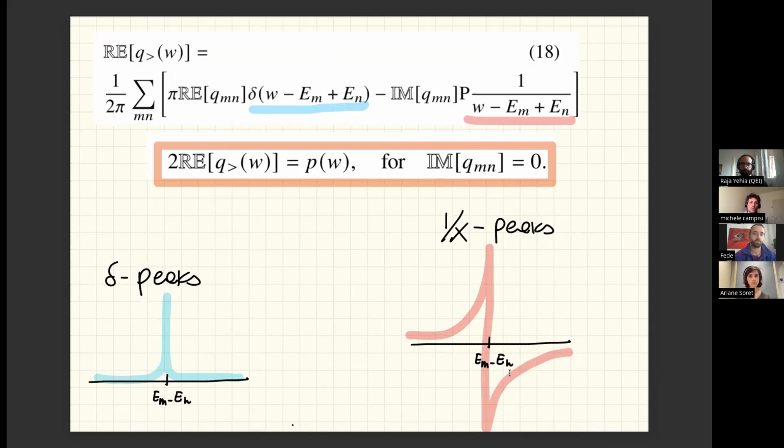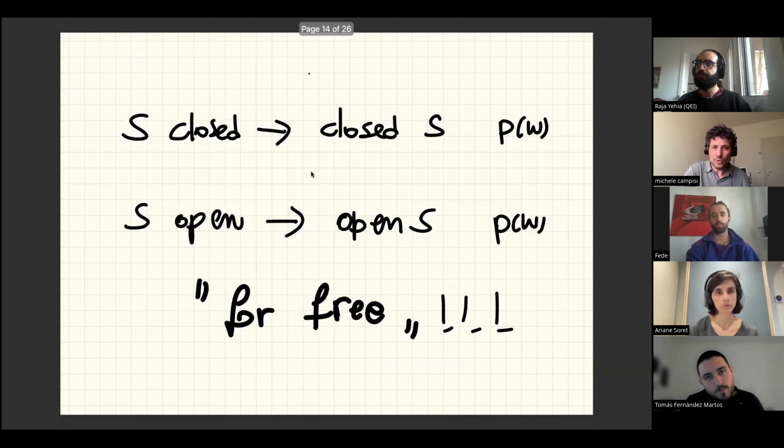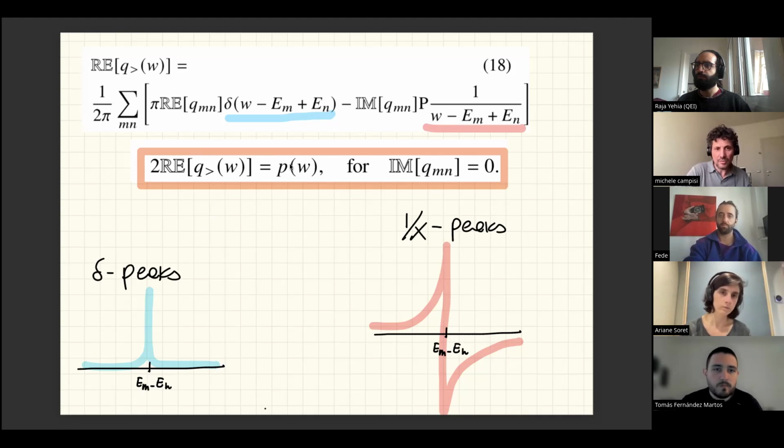So if you do an experiment, you get G of U from this method, you do this half anti-Fourier transform, and there are peaks like this, it means that there were some coherences in your initial preparation. It means that rho and H0 did not commute. If there are only delta peaks, then it means that there were no coherences, and what you're measuring is a genuine two-point measurement scheme work PDF P of W.